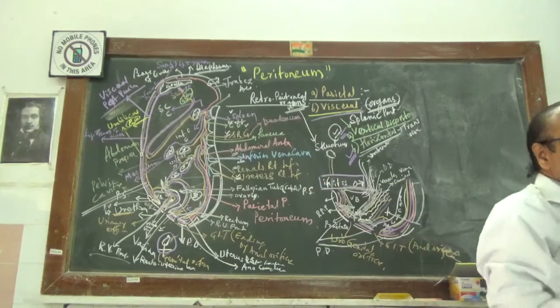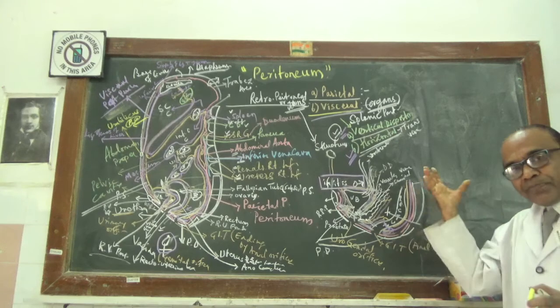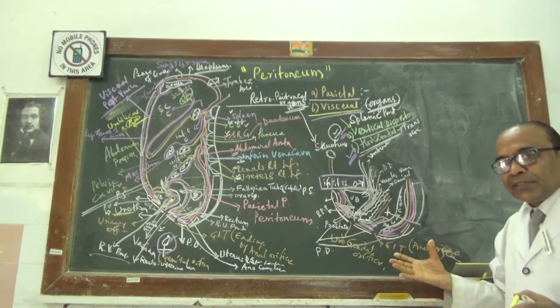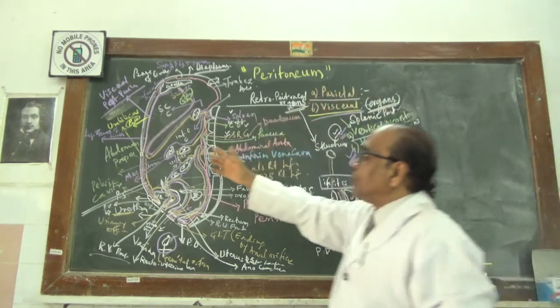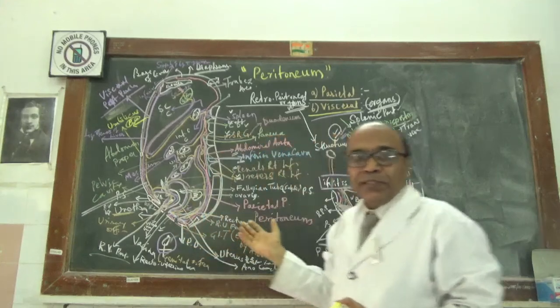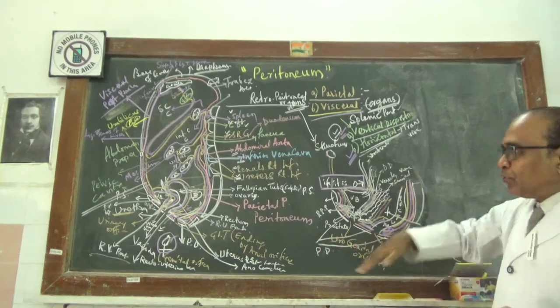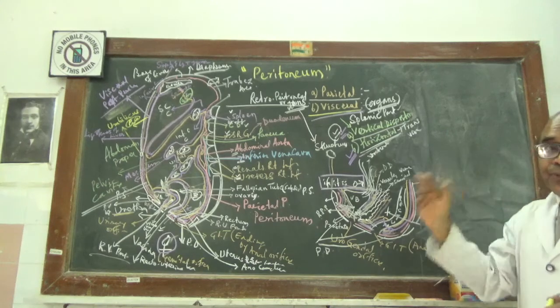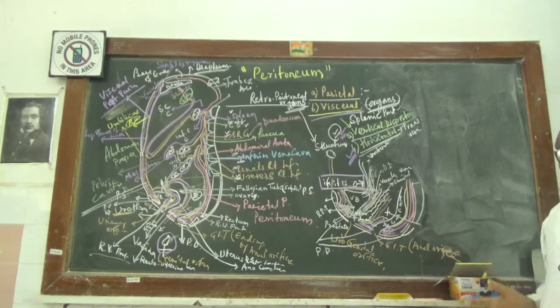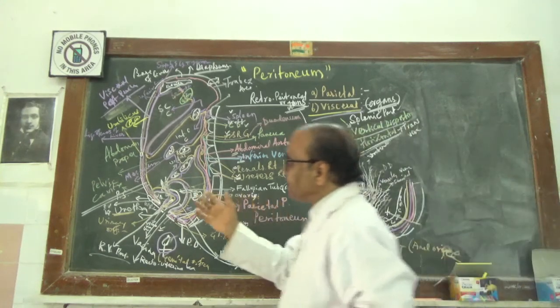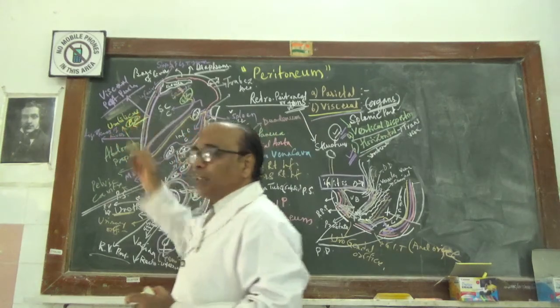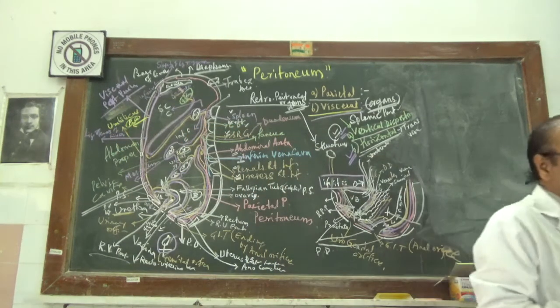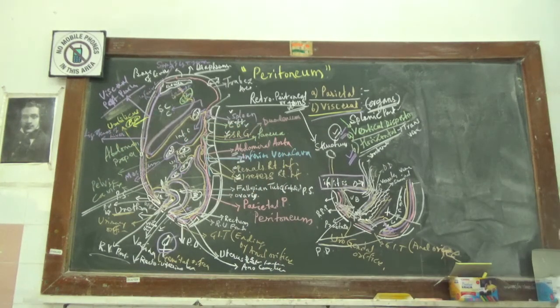Now this peritoneal cavity or space will be there throughout the abdominal cavity proper in male and in female, as well as the pelvic cavity in female and in the male. Now in this peritoneal cavity, a very minimum amount of fluid will be there.